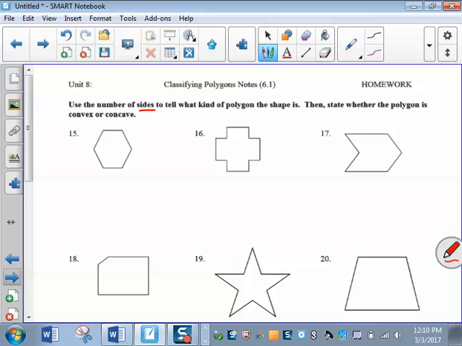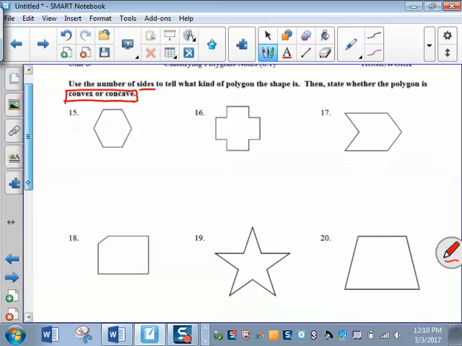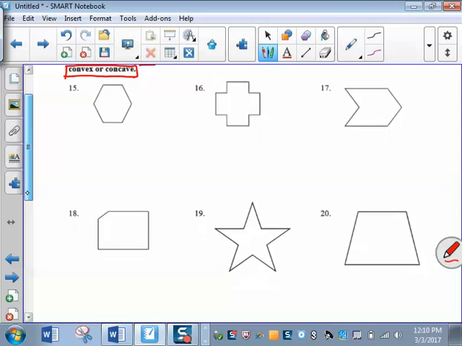You can look that up if you need to. If you have trouble with that, do tell me, convex or concave. You need to be able to tell the difference between convex and concave. So try to name each shape based on the number of sides, and then tell me, is it convex or concave?